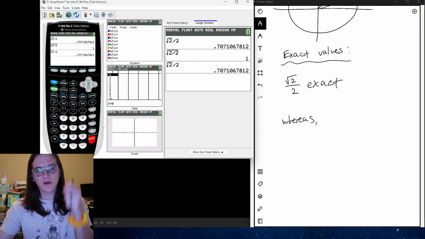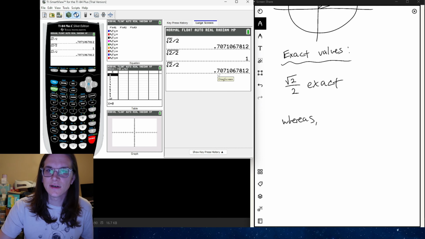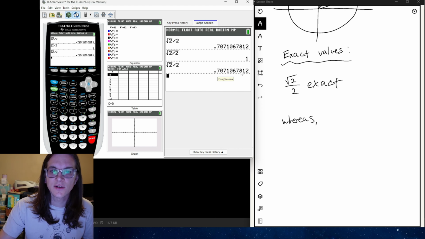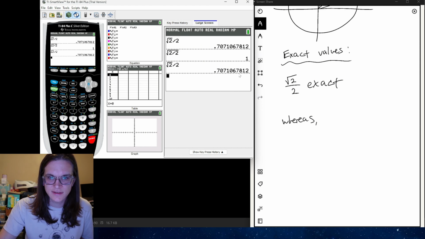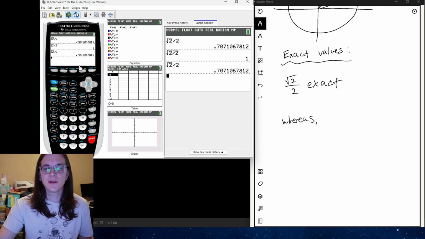There you go. So this number is a decimal that will continue after this 812 here, but the Texas Instruments programmers decided to truncate it at this number of digits. I think it's possible actually to change the number of digits and get even more, depending on the calculator.